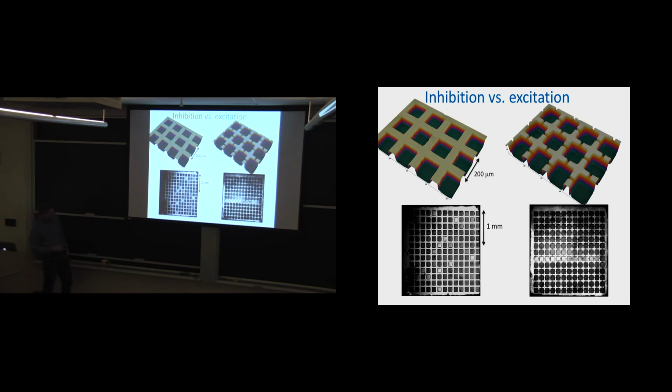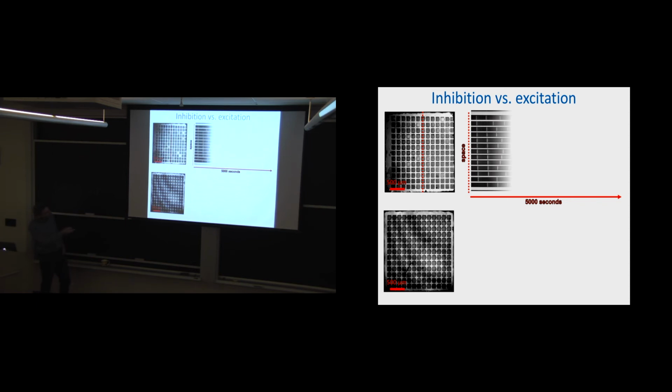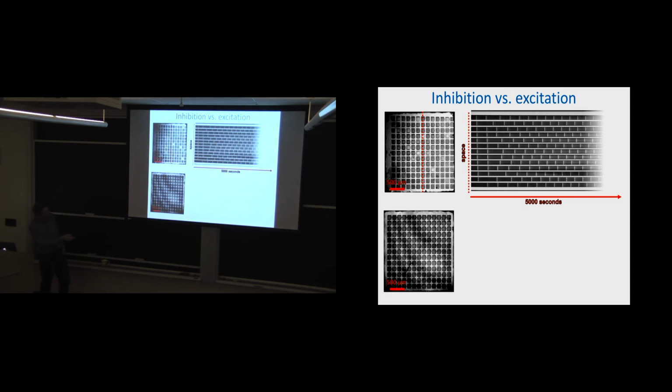And so to make the soft robot, we have to make materials that are inhibitorily coupled. So that's this array. Every one of these is inhibitorily coupled. In the space-time plot, you start them all in phase as an initial condition, but then they evolve to be out of phase.